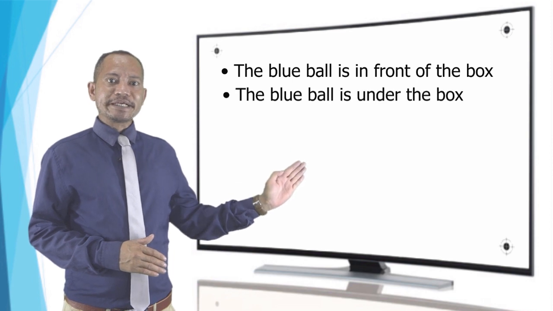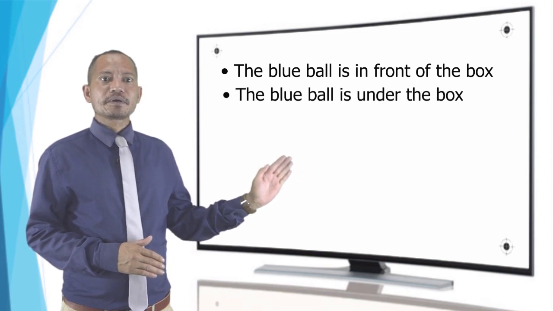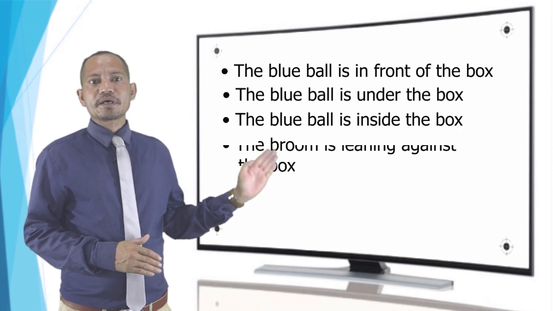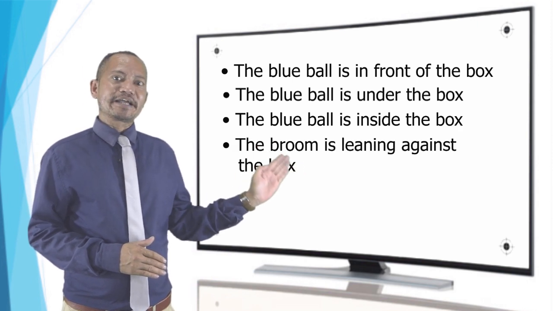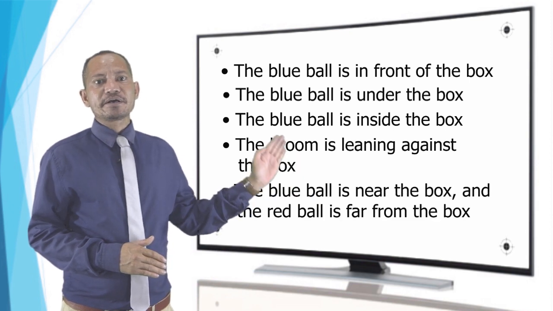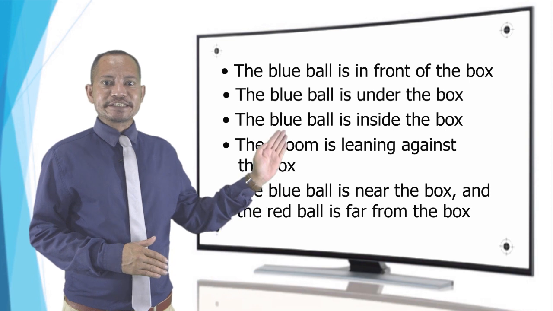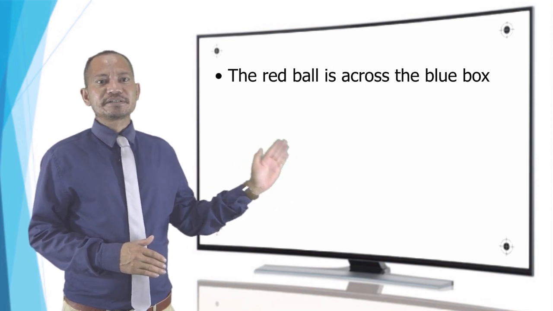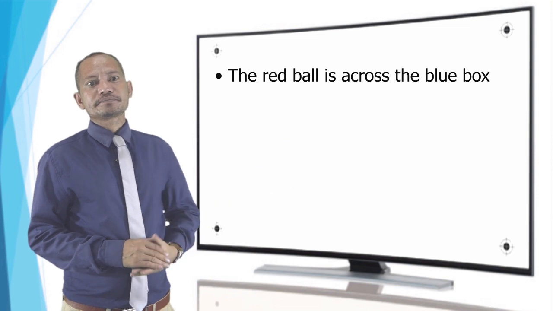The blue ball is under the box. The blue ball is inside the box. The broom is leaning against the box. The blue ball is near the box, and the red ball is far from the box. The red ball is across the blue box.